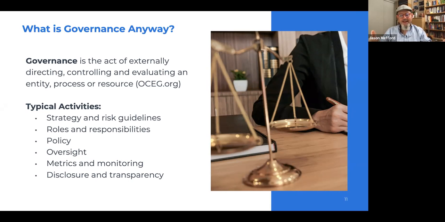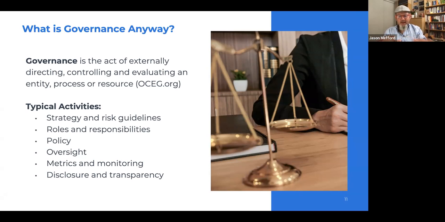The IT steering committee provides external guidance or direction to IT on where they would like IT to spend their money, serving them as the customers. Because it's external to IT, you can think of the IT steering committee as the governance group, and the IT group as the management function.